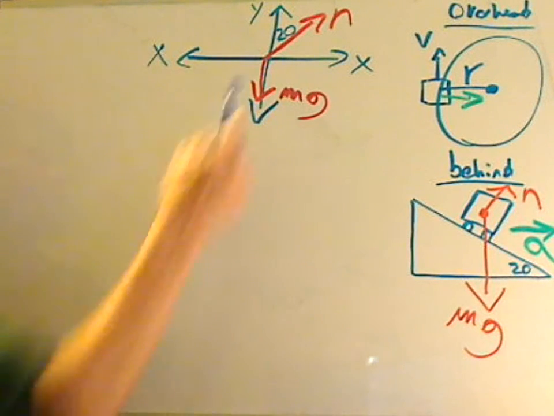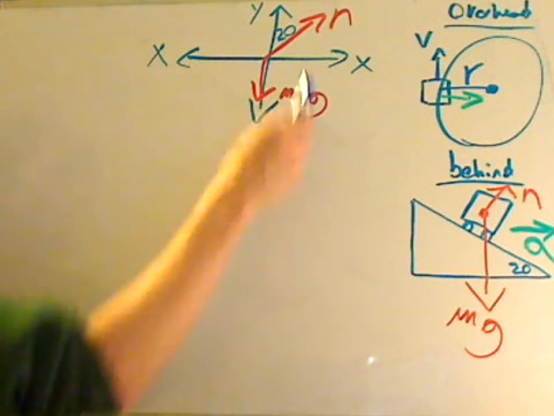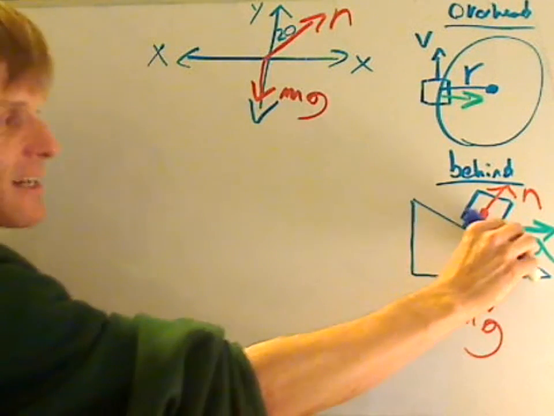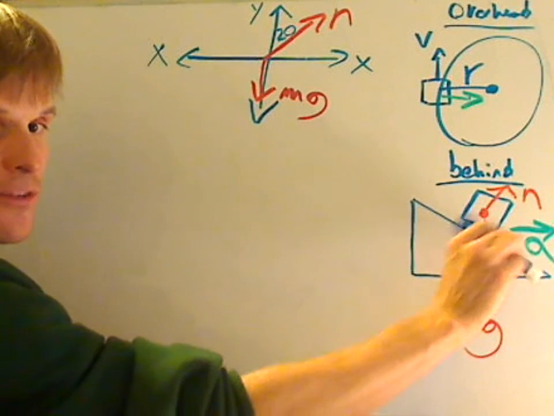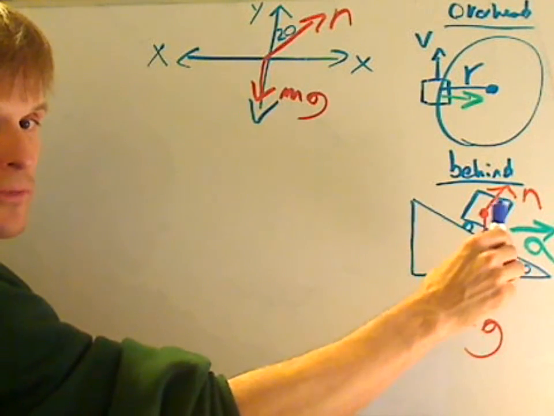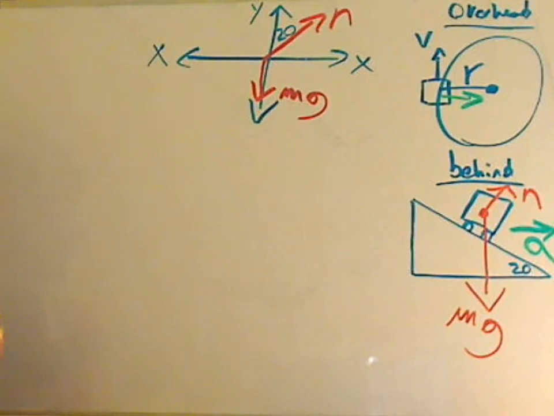But it is this angle between the normal force and the y-axis that's 20, not this angle here. Okay? The best way to see that is if you have a flat road. If the road is flat, this angle theta goes to 0, and the normal force points straight up. And so the normal force would make a 0-degree angle with the y-axis. Okay, so there's the setup.